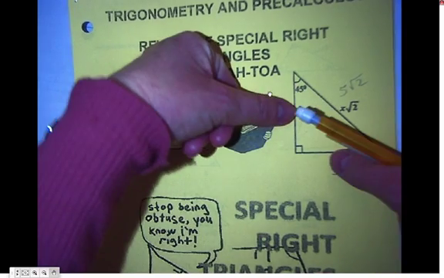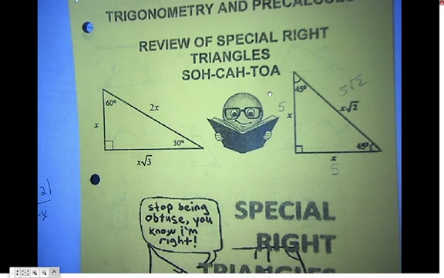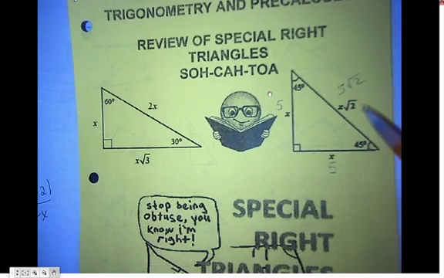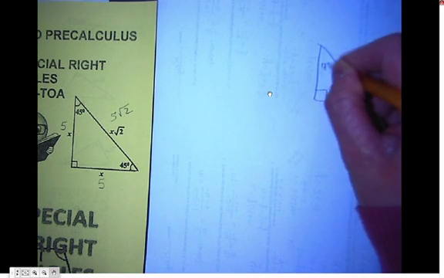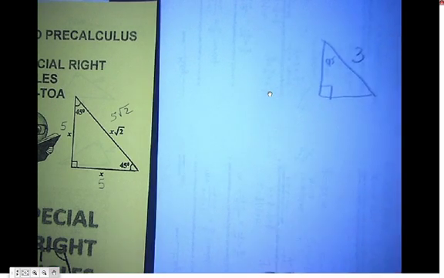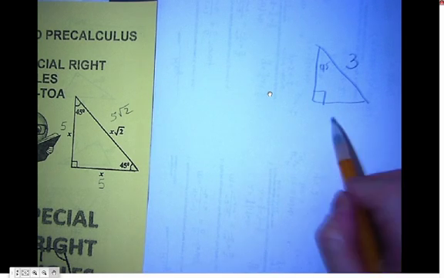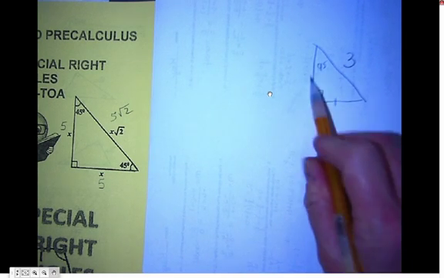What if they give you the hypotenuse, 5 root 2? How would you go backwards to find the sides? We multiplied to get root 2, so how do you go from x root 2 to x? Divide by root 2. Let's say we make the hypotenuse a 3. What will the legs be?